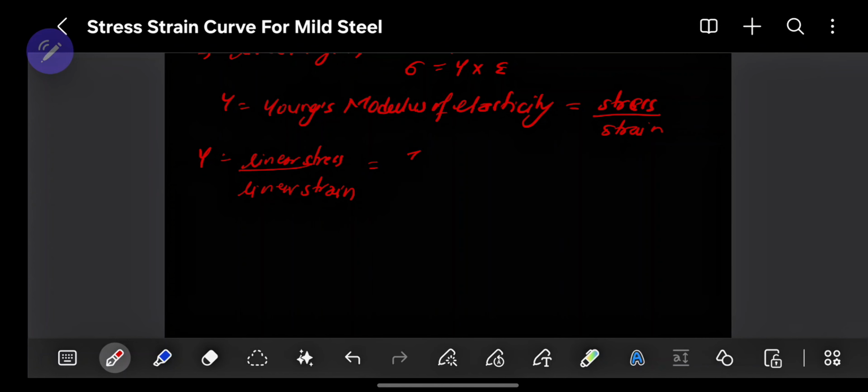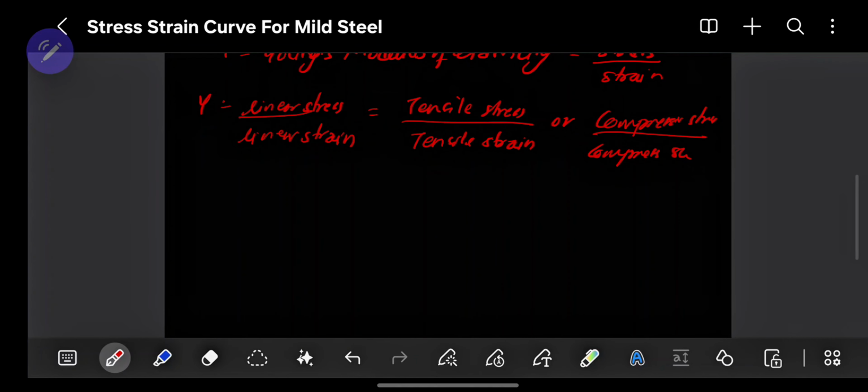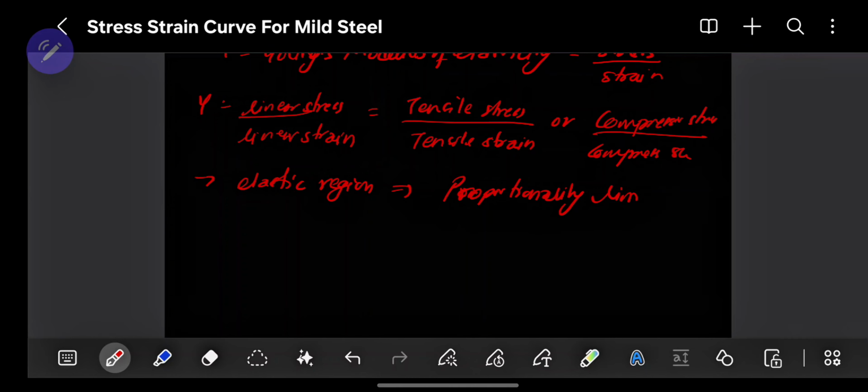which is also equal to tensile stress by tensile strain, or compressive stress by compressive strain. In this region, the elastic region is specifically called the proportionality limit.